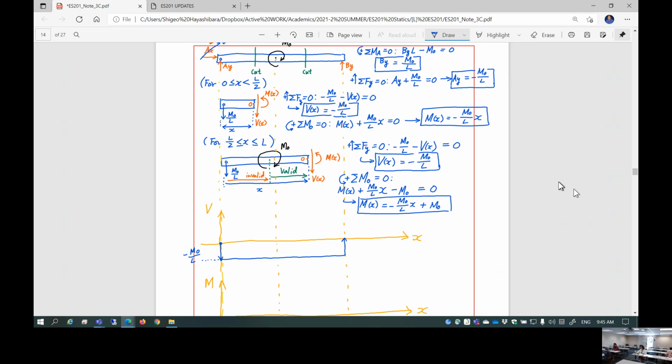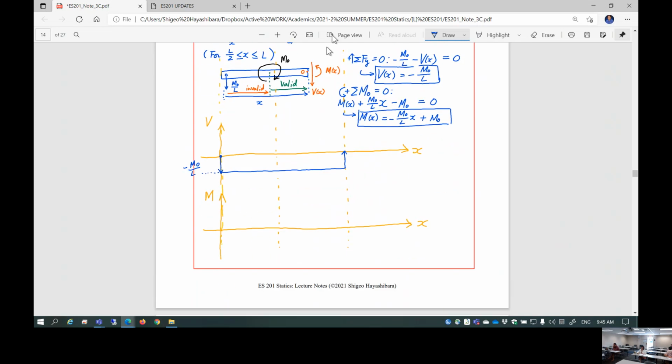Interesting. So if you know that much, you can say the slope of the moment diagram is the shear itself. That means, hey, all the way through negative slope. So starting from 0 right here, you keep having negative slope, straight line, all the way to here.